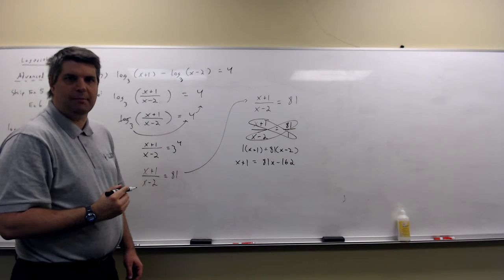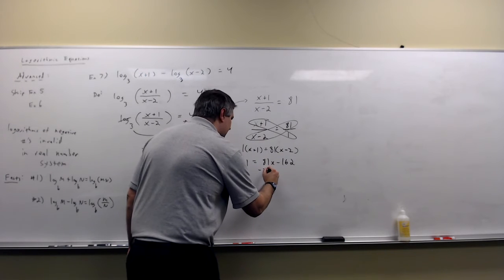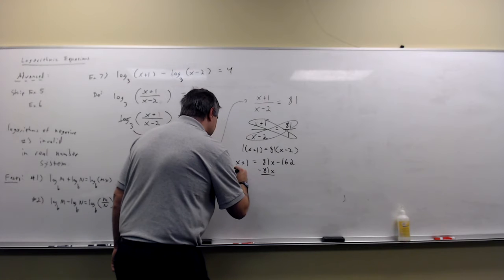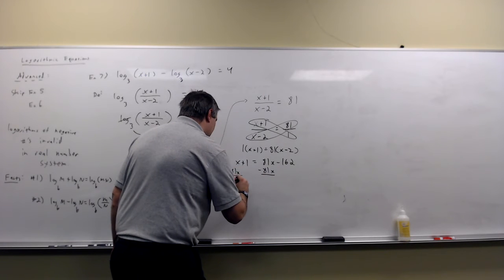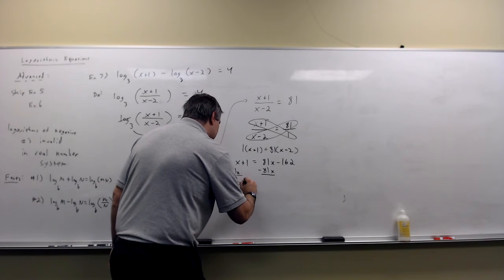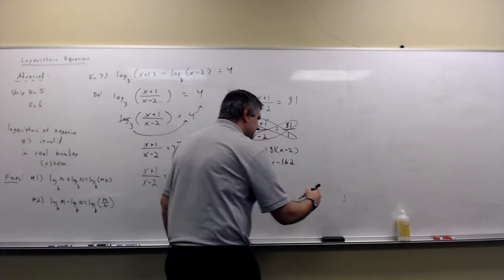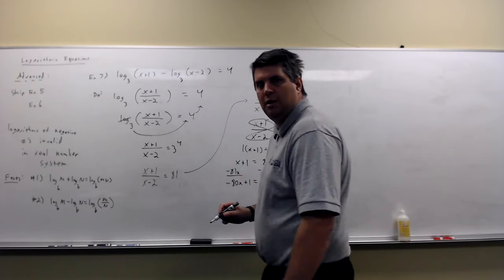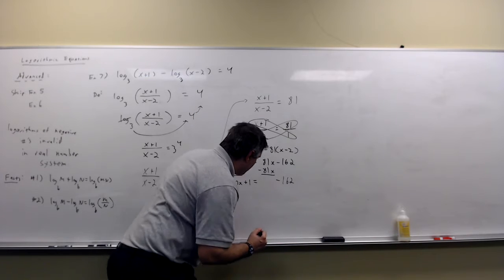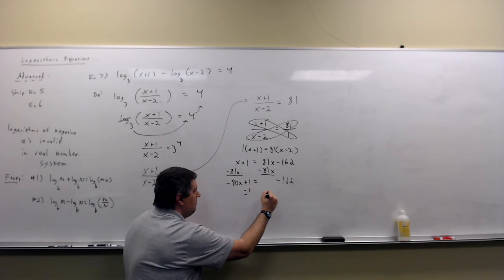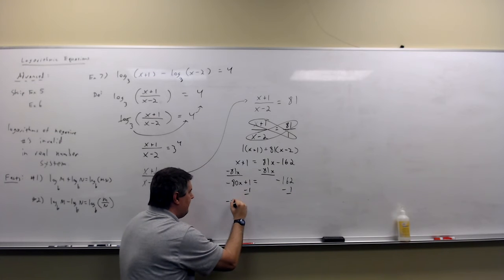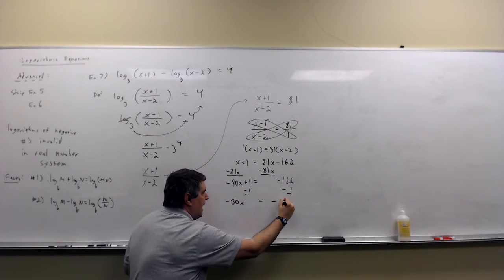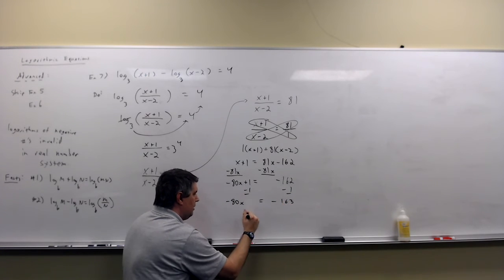I got x's on both sides. I don't like that, so I'll subtract this 81x. And I have negative 80x plus 1 is negative 162. Subtract 1, negative 80x equals negative 163.